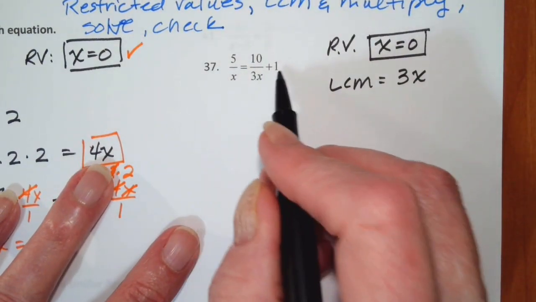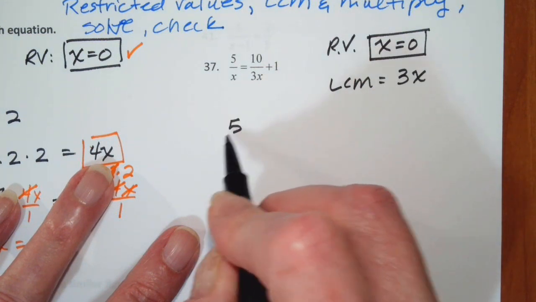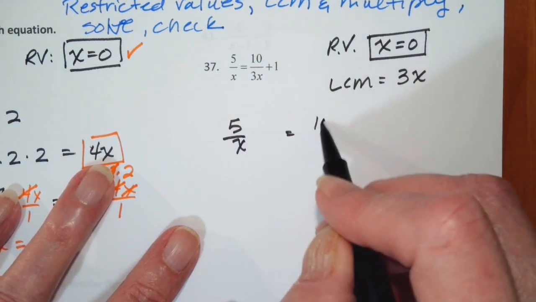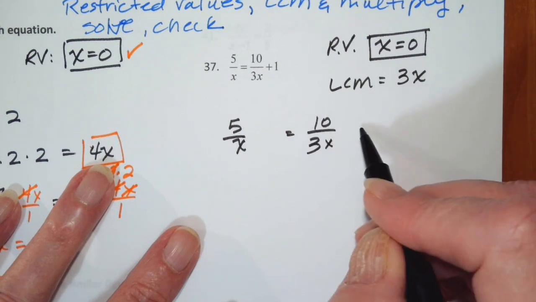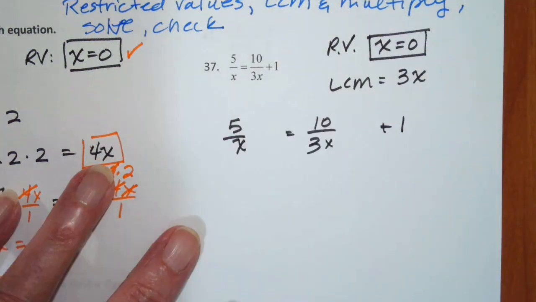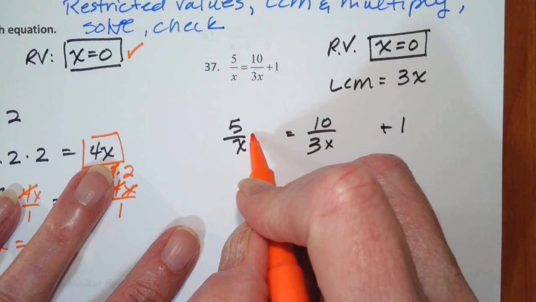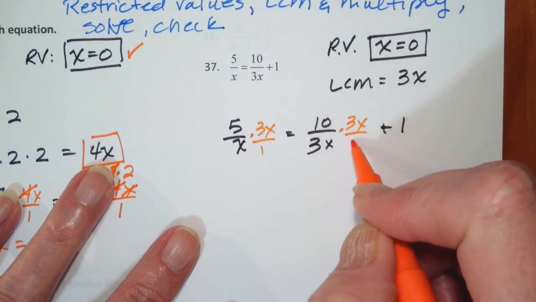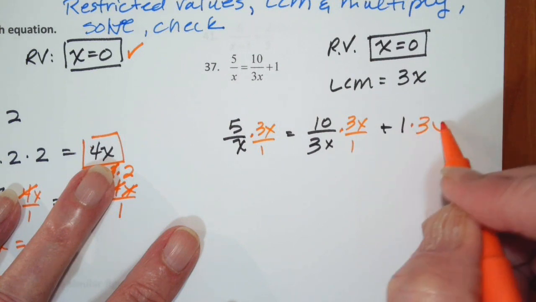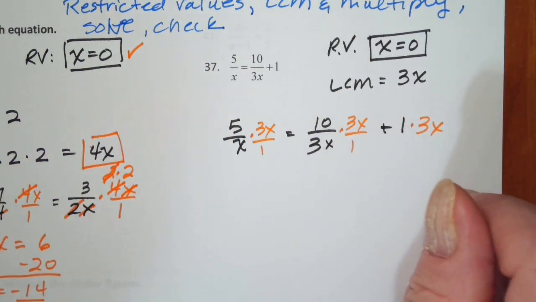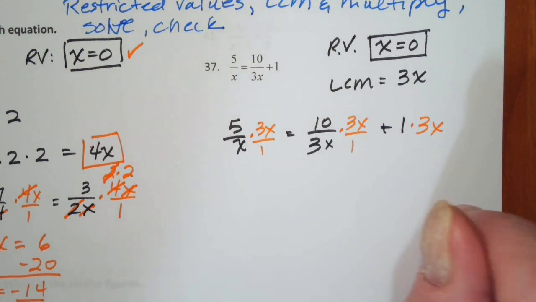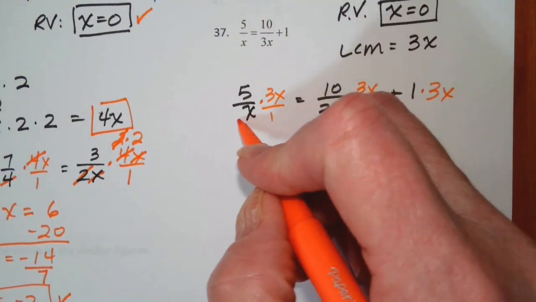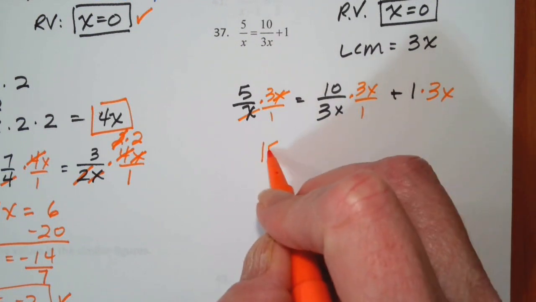So I'm going to take each of these 3 terms and multiply them by 3x. Again, the whole point of this is to clear the fractions, so if you have a fraction left, then something is amiss. Okay, here the x is canceled, so this gives you 15.